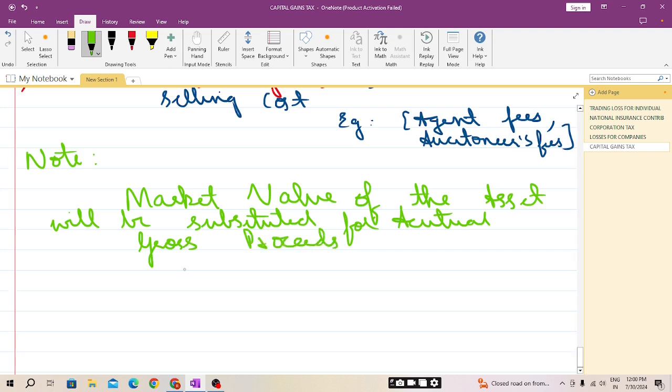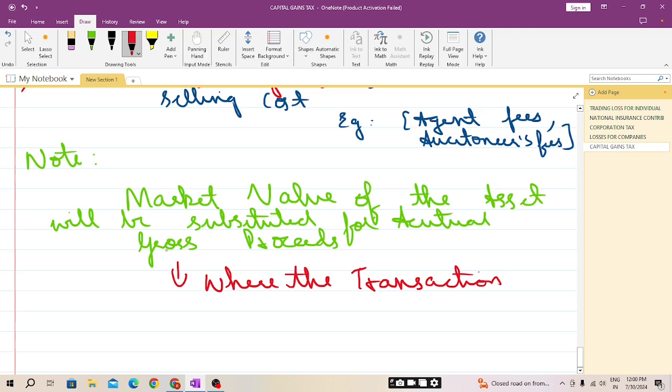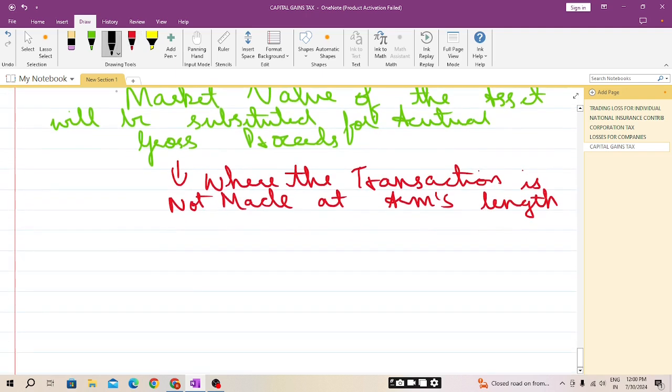In which case, students? The first one is that the market value of the asset will be substituted for actual gross proceeds where the transaction is not made at arm's length. Now the example includes, students, gift of an asset.